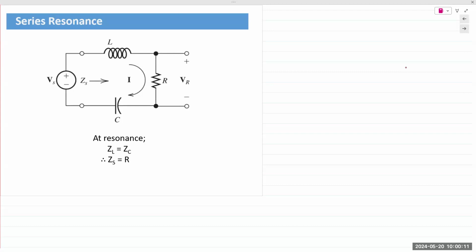Just one point I want to make, we are almost out of time, is that at resonant frequency, if you have an RLC circuit and a bunch of frequencies coming into the system, at one particular frequency, the magnitudes of the inductor and the capacitor are exactly the same, but the phase is opposite. So at resonance, the magnitude of ZL is equal to the magnitude of ZC.